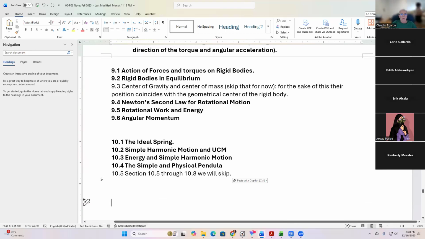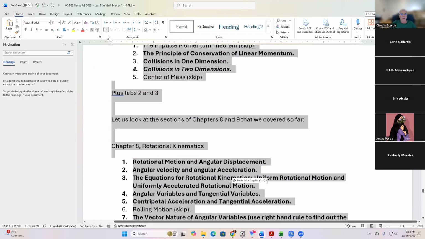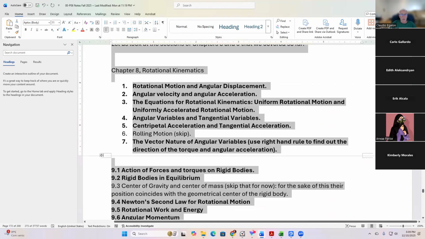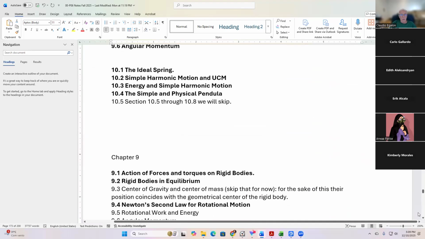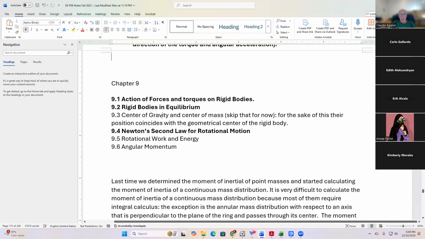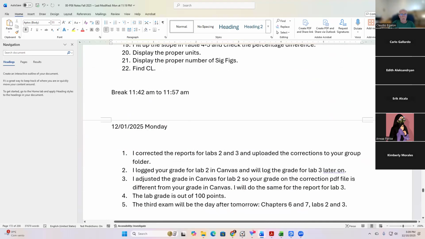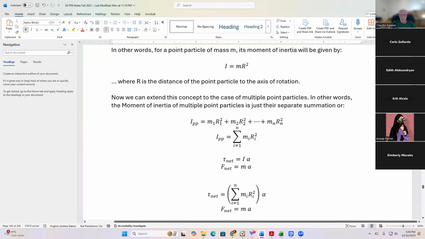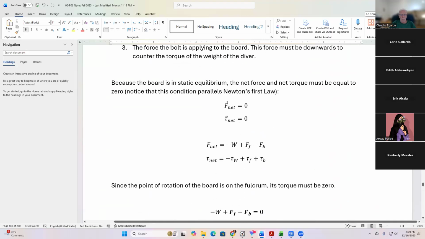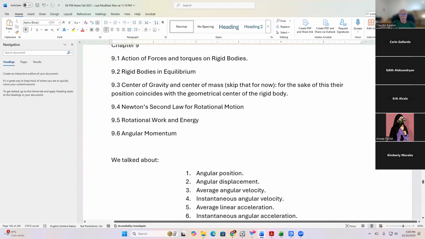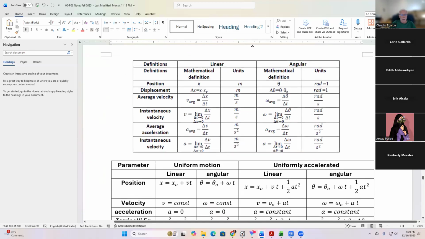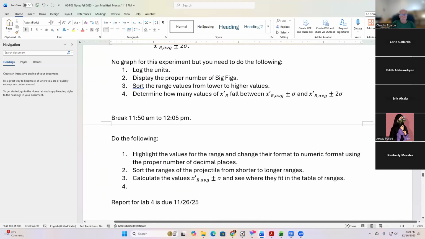Copy everything here. 8, 7, 6. Chapter 5, let's see, what's chapter 5? Eight and 9.